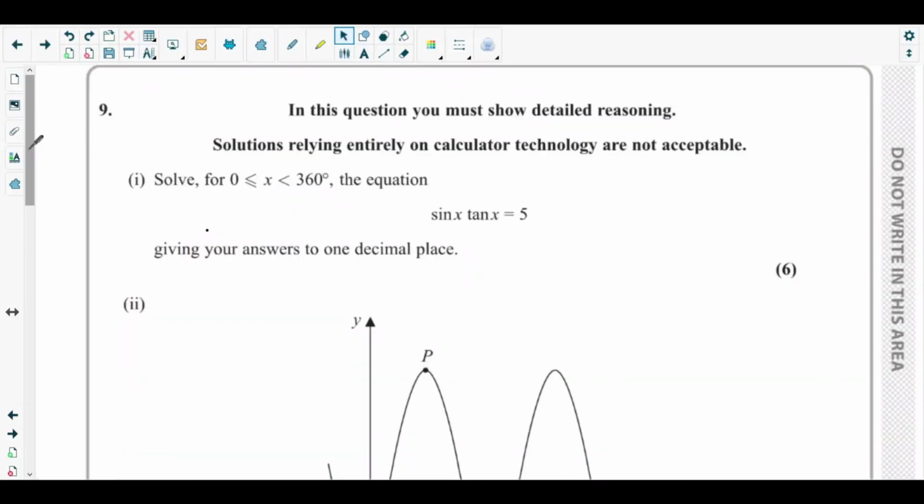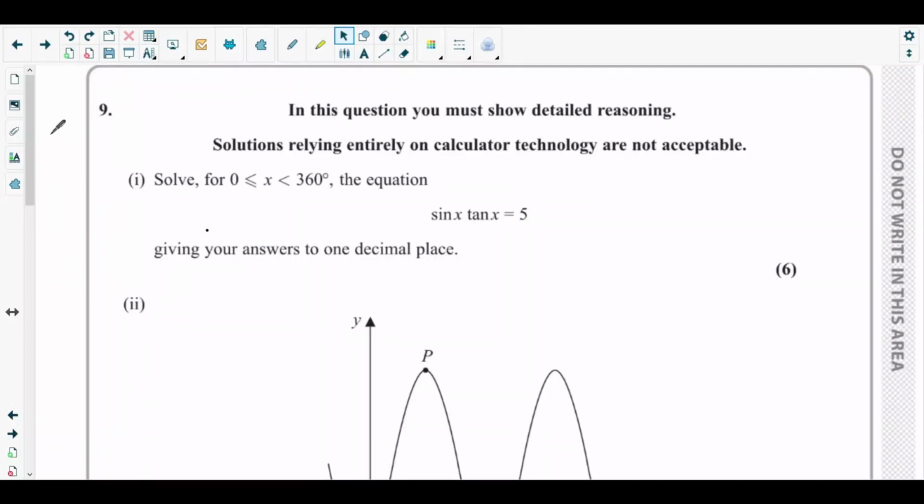Question number 9 is based on trigonometry and trigonometric identities, which have been discussed in chapter number 6 of your Pure Mathematics 2 textbook.